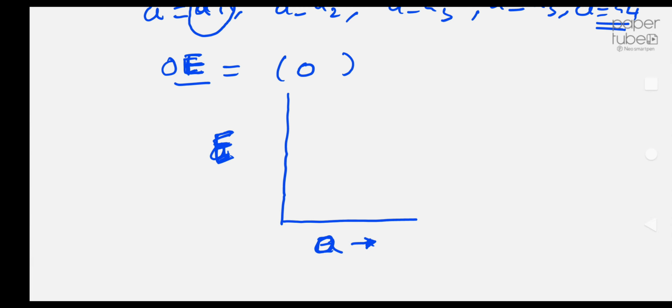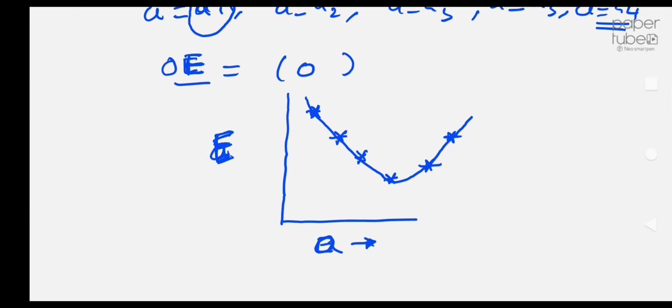Say a is equal to a1 and you have some error value here, and then for a2 the error is something like this, a3 like this, a4 like this, a5 like this, and for a6 the error is something like this. When I plot this, you may get a trend like this.